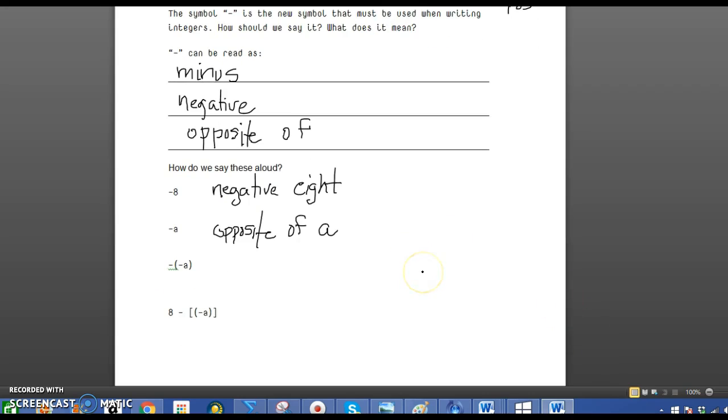Now the next one. Yes, I know you're itching. Two negatives make a positive, right? But we want to read it aloud as written.